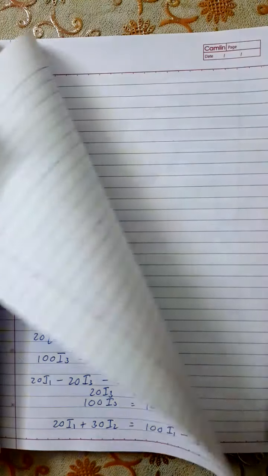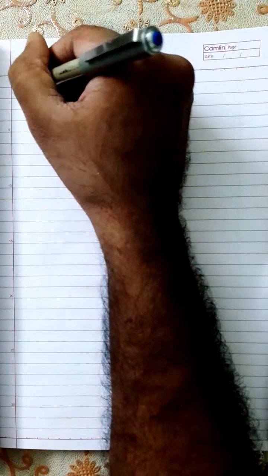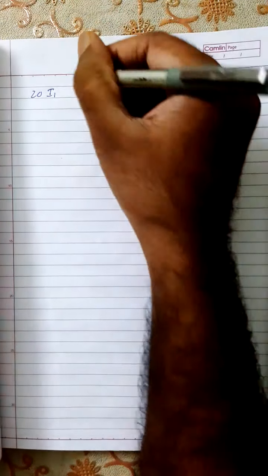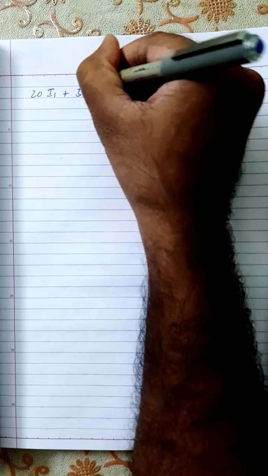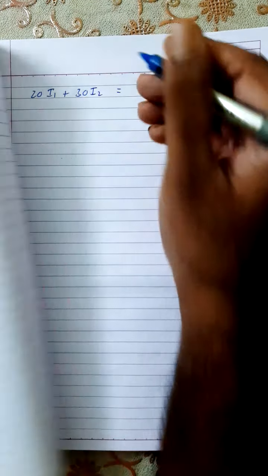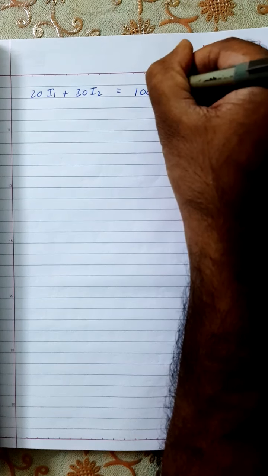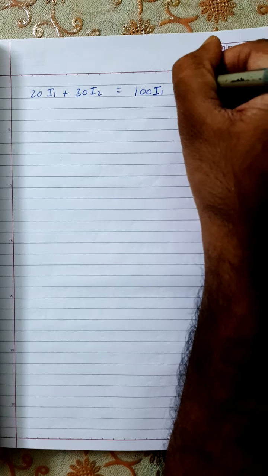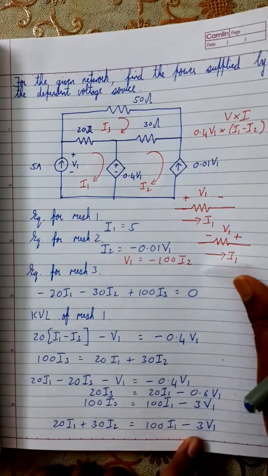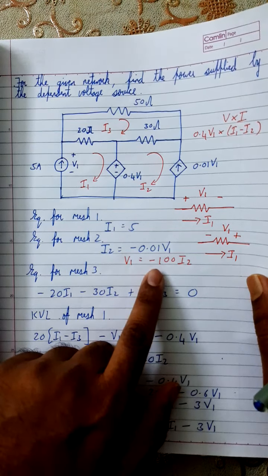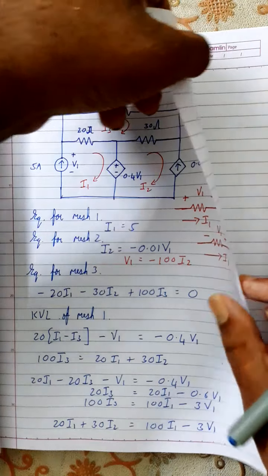So this will become 20 I1 plus 30 I2 is equal to 100 I1, and what about this one? Minus 3 V1, but V1 is minus 100 I2, so minus of minus becomes plus. So this becomes plus 300 I2.